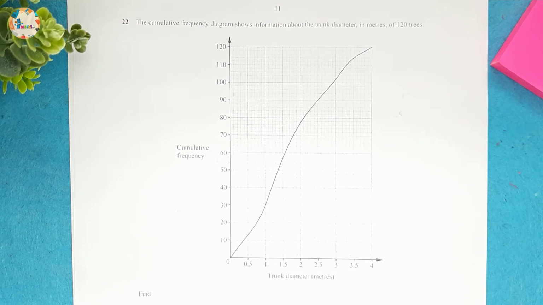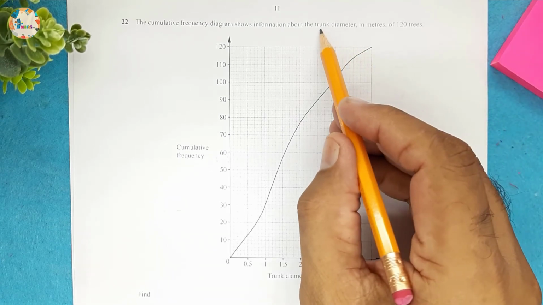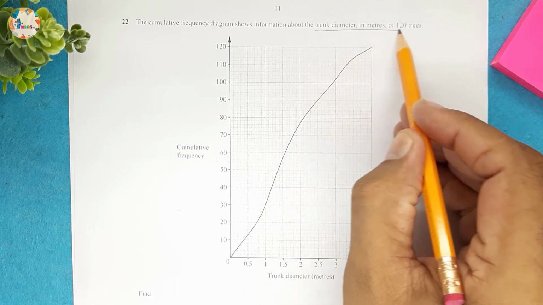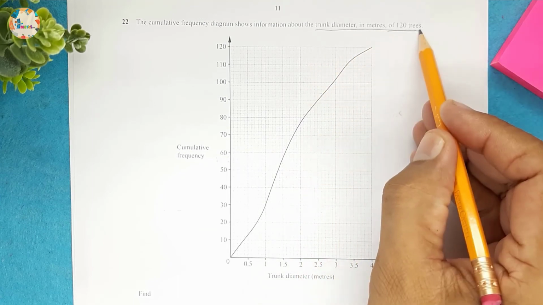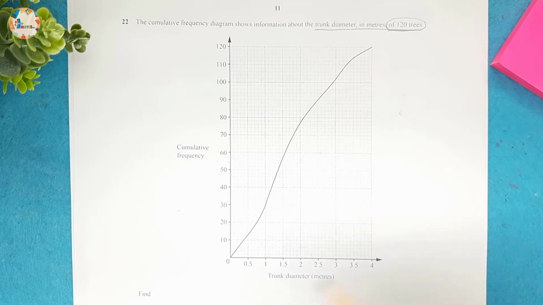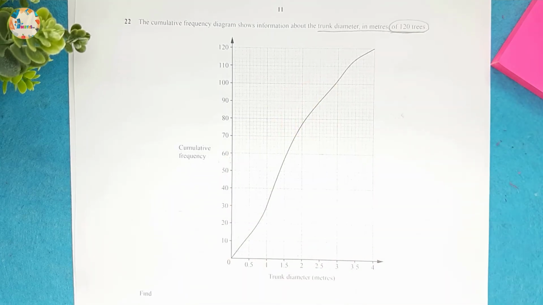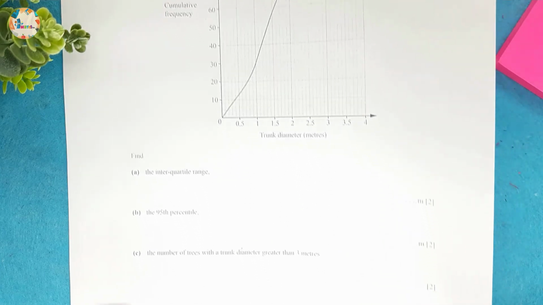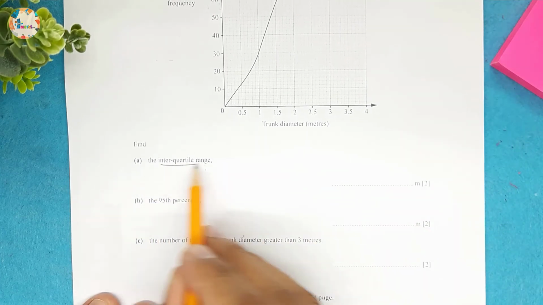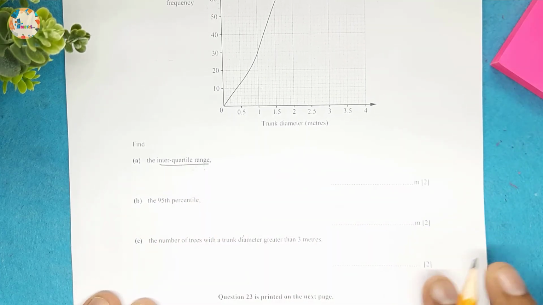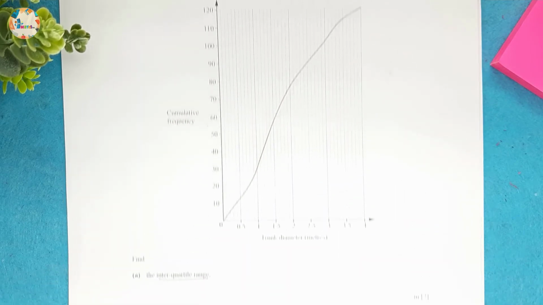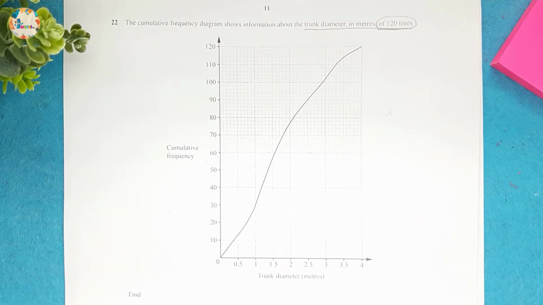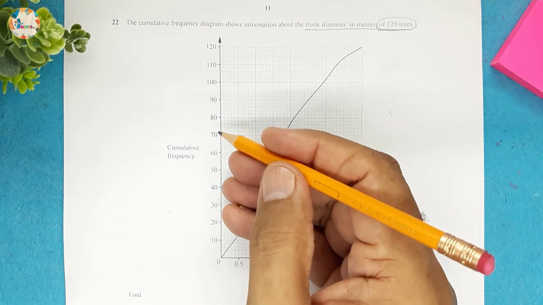Question number 22. The cumulative frequency diagram shows information about the trunk diameter in meters of 120 trees. This is basically the cumulative frequency diagram given. A part is interquartile range we have to find, and for interquartile range, basically we will be finding the upper quartile and lower quartile.